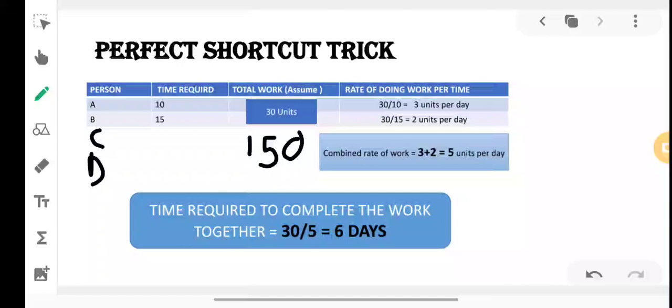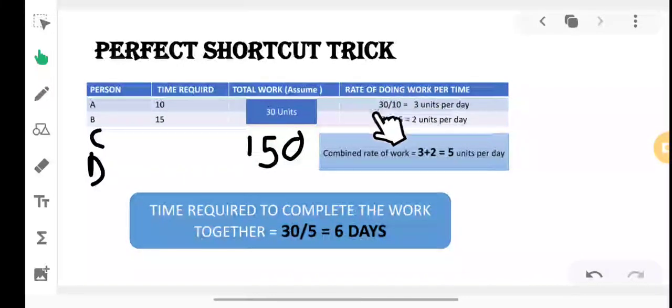So first concentrate here. A requires 10 days to manufacture 30 units of chair and B requires 15 days to manufacture 30 units of chair. Please note that we have assumed total work to be 30 units. You can assume 60, 90, 100, any number.